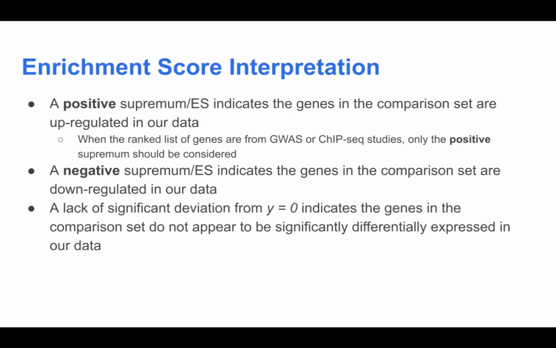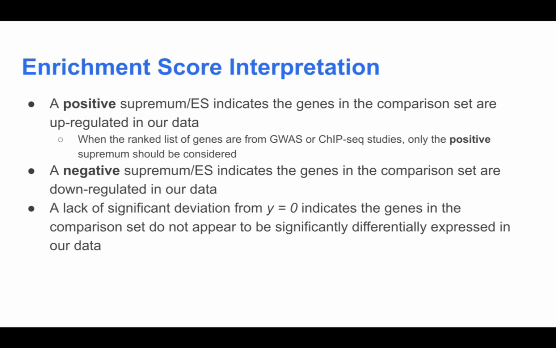And how to interpret the enrichment score is as follows. So if you have a positive supremum or a maximum score, then that indicates the genes in your comparison set tend to be upregulated in the data. And note that when your ranked list of genes is from GWAS or ChIP-seq studies, you should only ever consider a positive supremum because you only have positive hits.